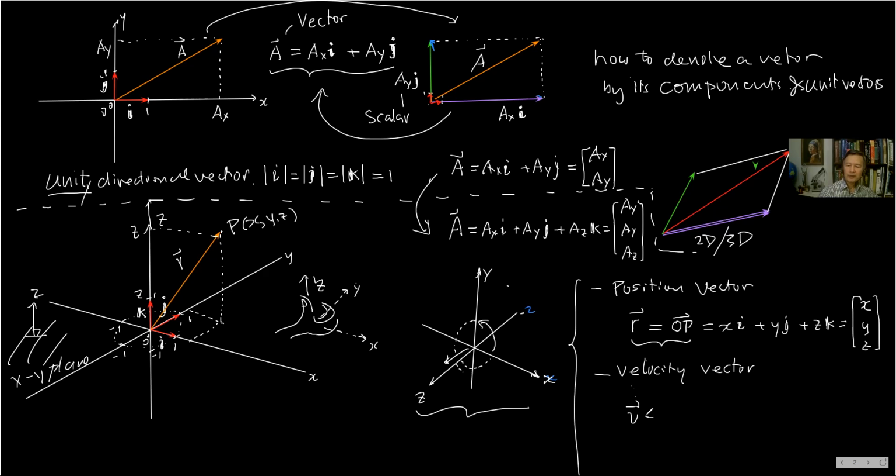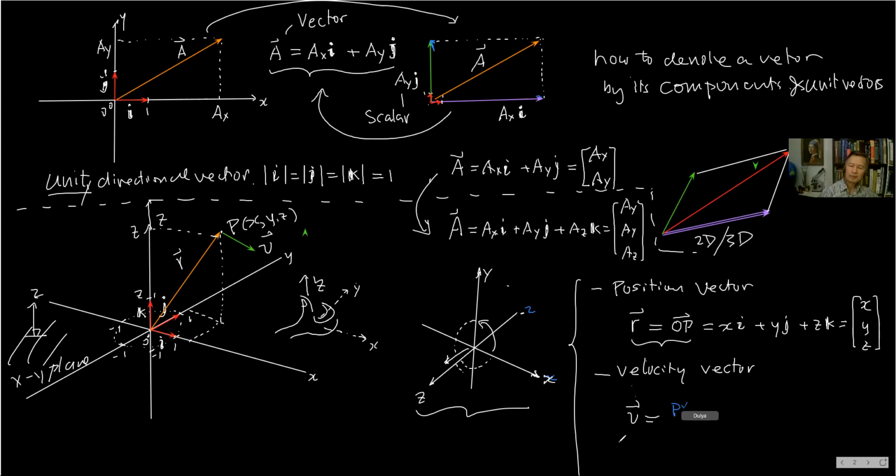The velocity is, in general, not starting from the origin. The velocity is the velocity of the particle. It could be any direction. It's starting from P, not from origin. Yes, you are right. So this is a velocity vector.